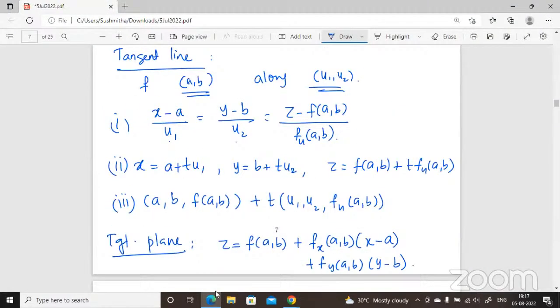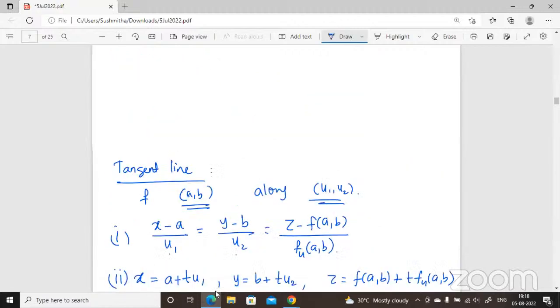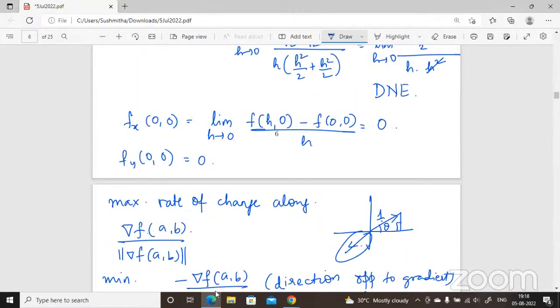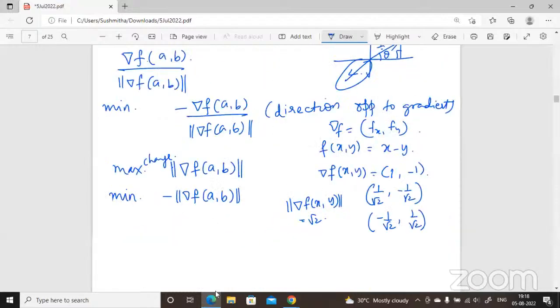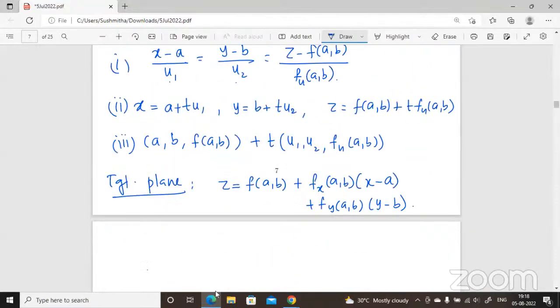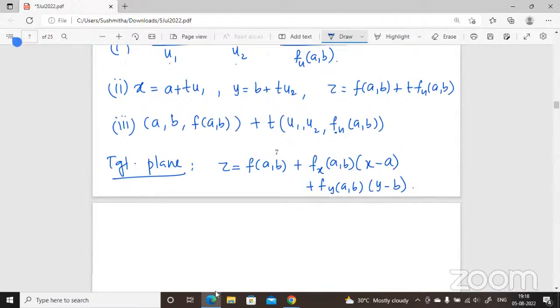No. This is the directional derivative of the function at a point in this direction. See, if we are talking about projections, it could have been P or projection. F here denotes the function. So there it will be the directional derivative.